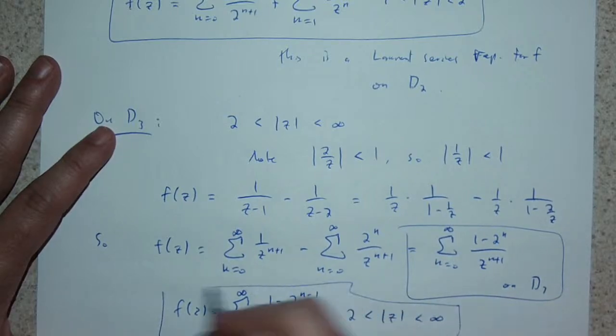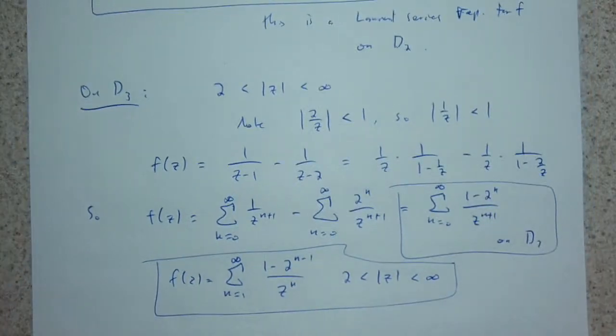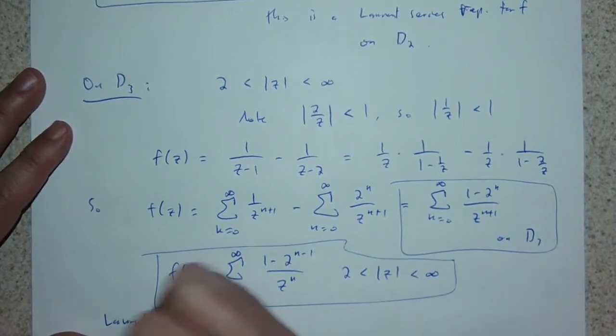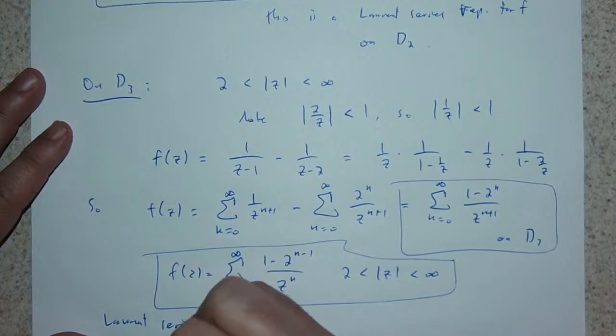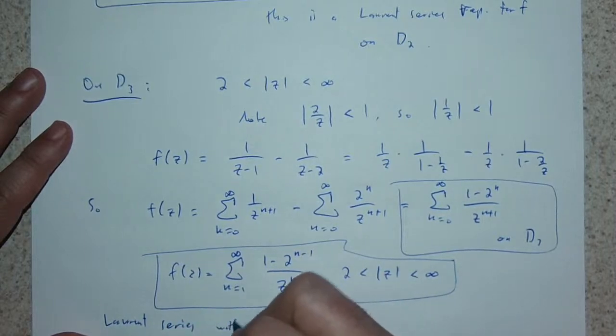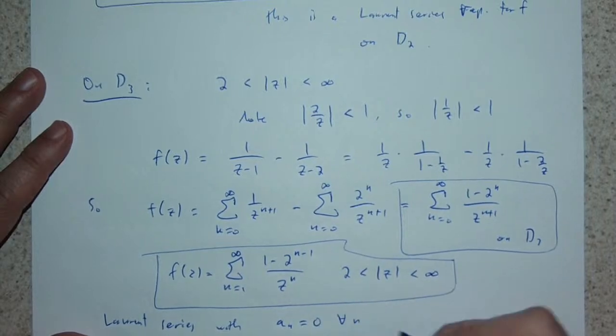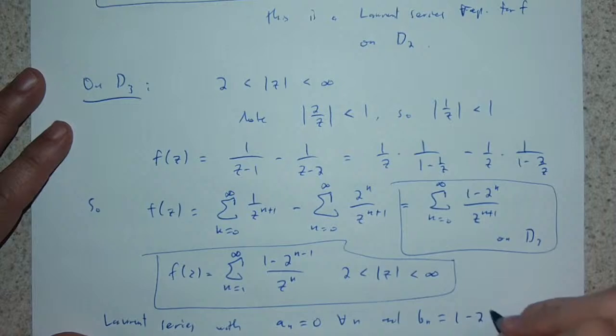And the reason, again, that I wanted to put it specifically in this form is that this is, again, a Laurent series with all of the a sub n's equal to 0 for all n, and b sub n is equal to 1 minus 2 to the n minus 1, for all n.